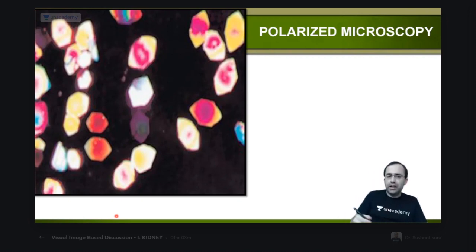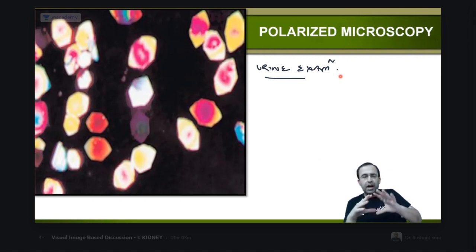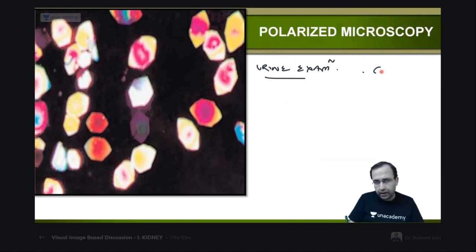Next point. This gets us again to urine examination under polarized microscopy. Now the minute I see this slide, I'm able to make out that this doesn't look like a urine slide. I mean, it is such a colorful slide. This is the actual appearance. Options: calcium oxalate.